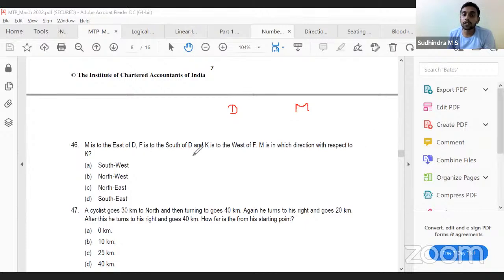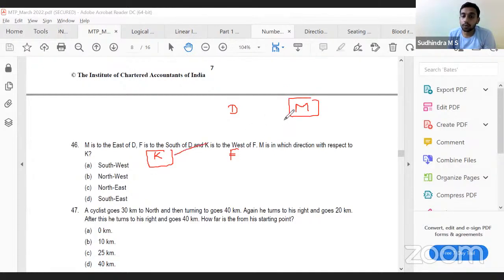Then F is to the south of D. So where will be F? Down. F will be here, below D, south of D. K is to the west of F. West means left side. So F is here, K will be here, left, west of F. Now M is here, K is here.